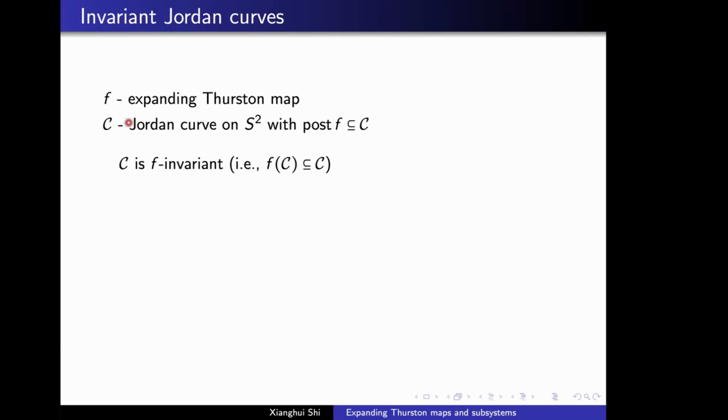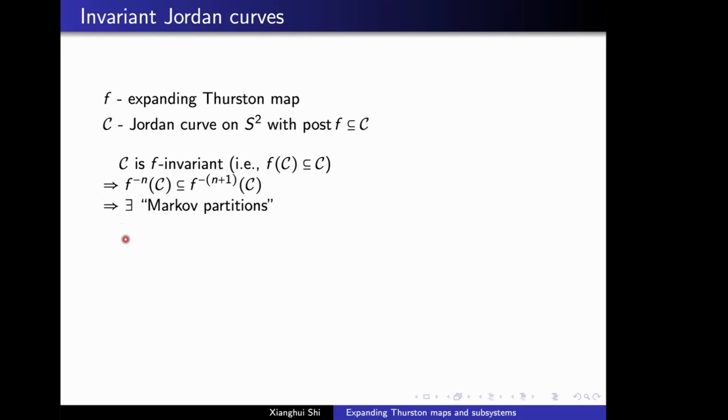Here we consider an expanding Thurston map F and a Jordan curve C containing the post-critical set. If C is F-forward invariant, meaning F(C) is contained in C, then if we consider its nth preimage, we'll have such a relation.